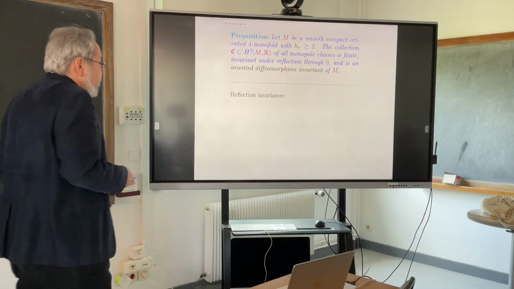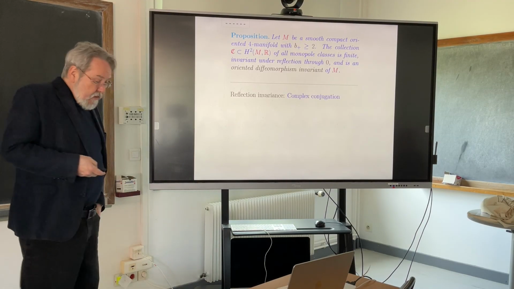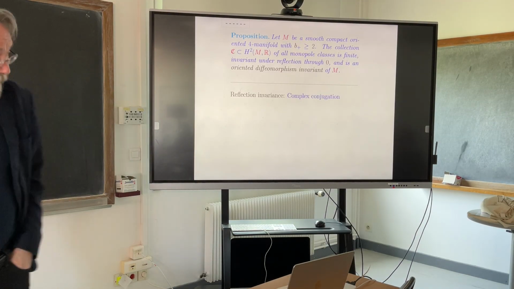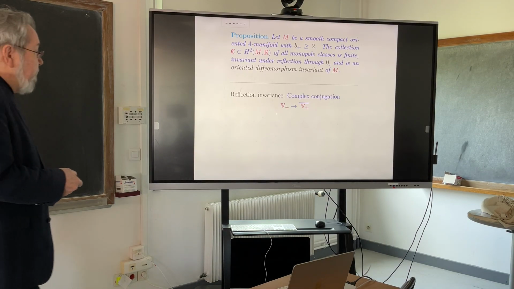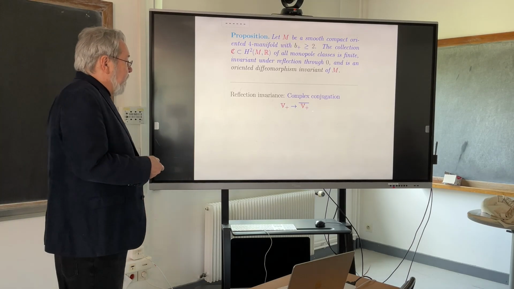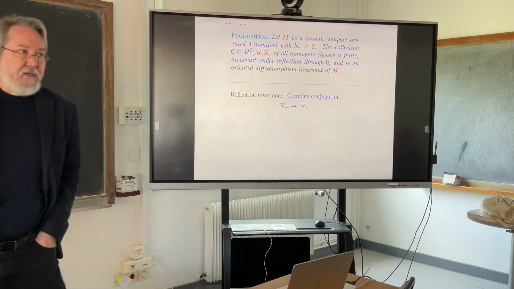What about the reflection invariance? This is, again, a kind of soft argument. There's a natural complex conjugation. If you take a spin C structure, it has an associated twisted spin bundle, and you can take the conjugate bundle. But that conjugate bundle actually is also the twisted spin bundle for a different spin C structure.